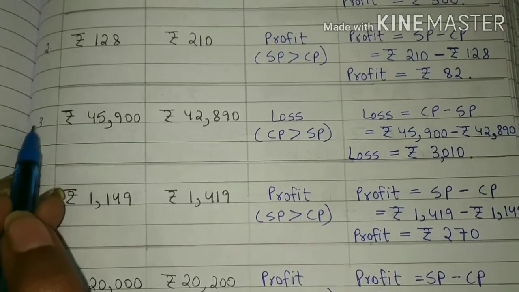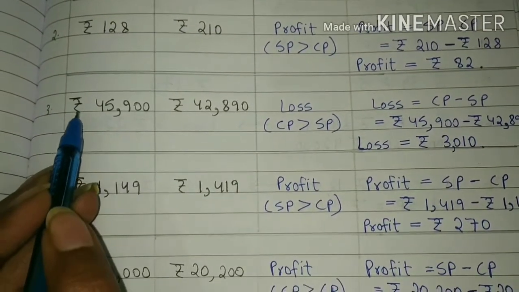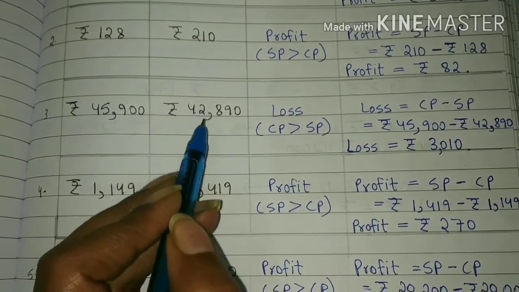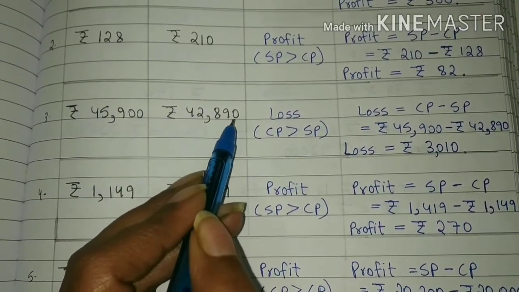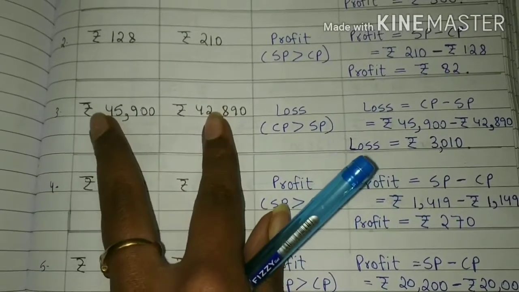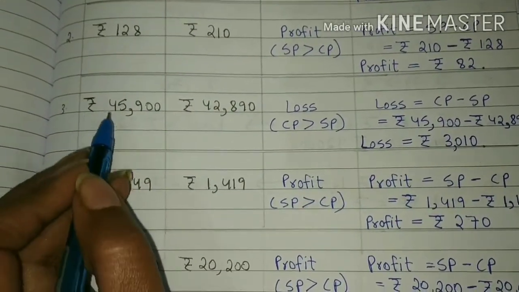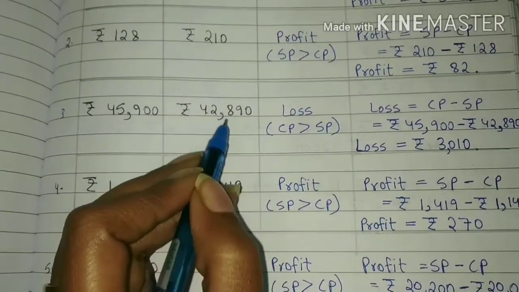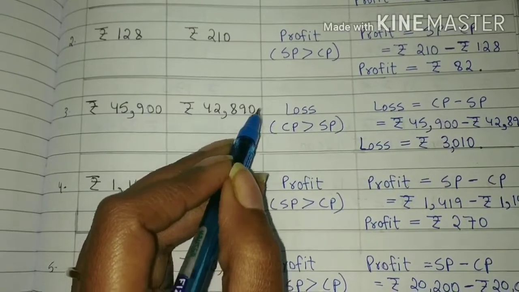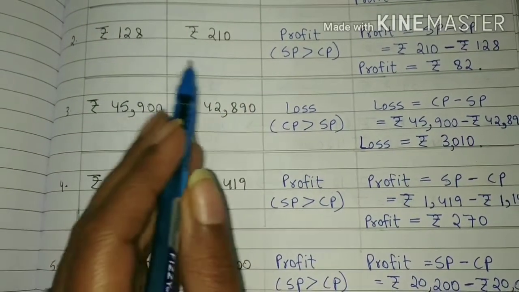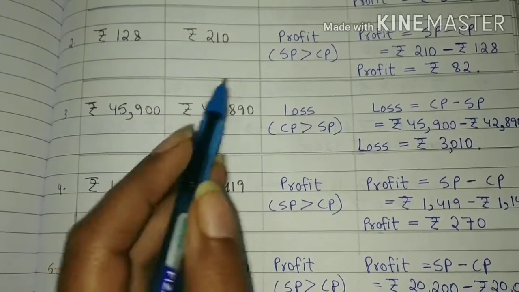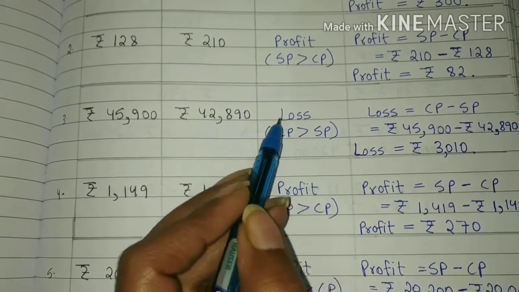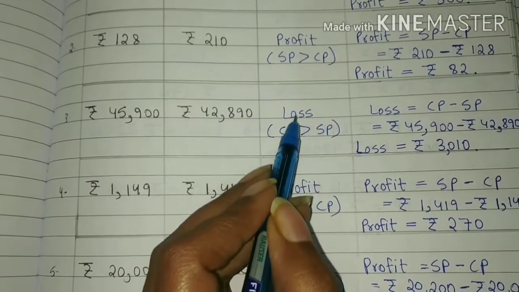Students, now come to third. Cost price is rupees 45,900. Selling price is rupees 42,890. Students, when you compare these two prices, you will see that rupees 45,900 is greater than rupees 42,890. It means cost price is greater than selling price. Students, we know that if cost price is greater than selling price, then there is a loss. So here you will write loss.